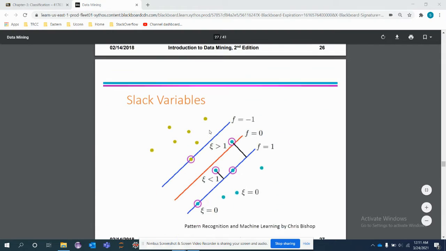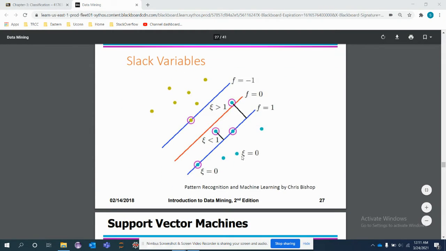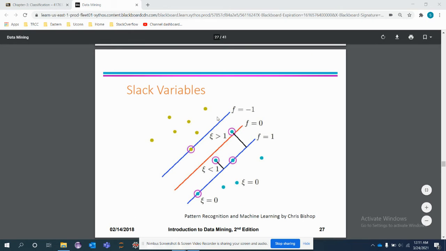So let's see a simple data segregation scenario here. Here you see there is a hyperplane, and two marginal hyperplanes are given in blue, and some of the points are passing through the marginal hyperplanes, and some of the points are lying inside the two marginal hyperplanes as well.